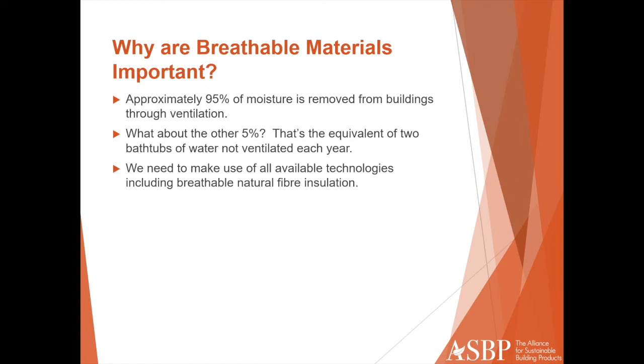What we need to do is to do what the food industry do and use a combination of measures that includes breathability. I'm not going to sit here and say that most moisture isn't dealt with by ventilation, because that would be ludicrous. But it doesn't deal with everything.